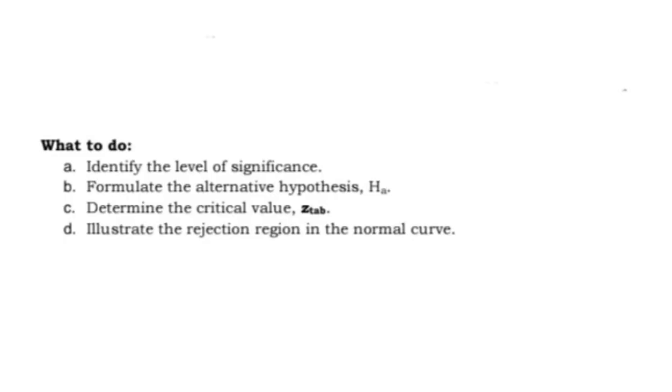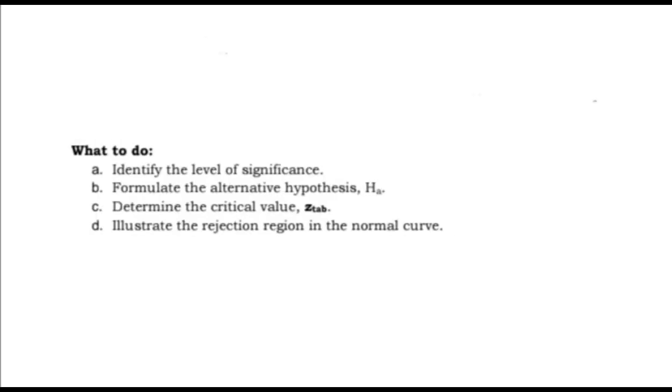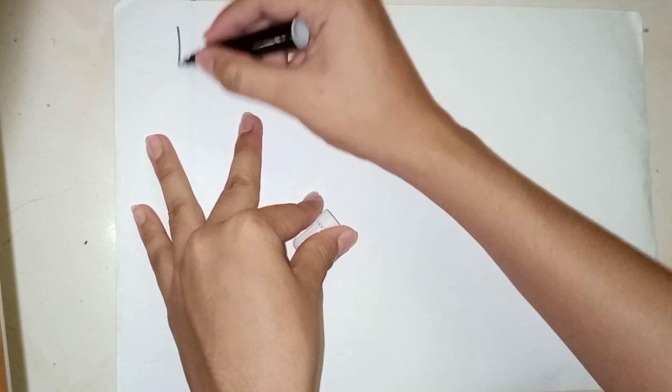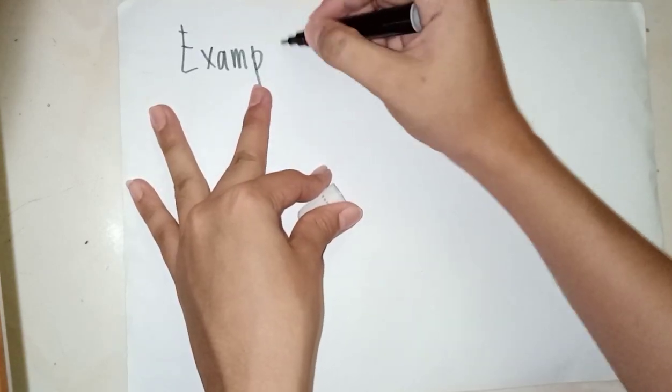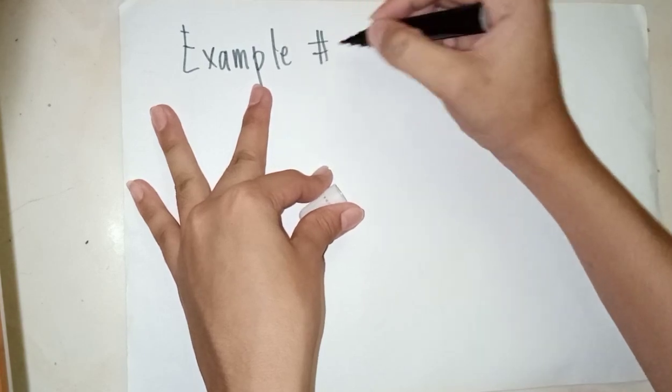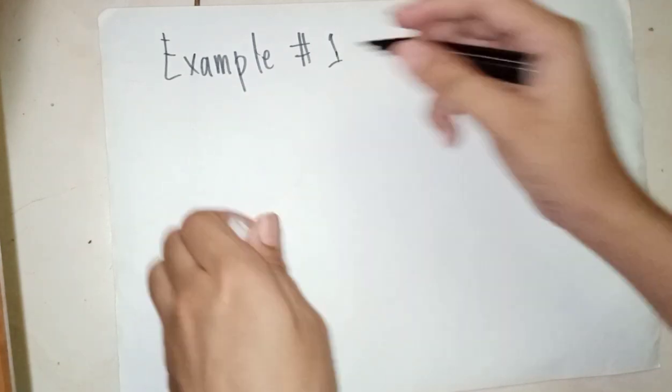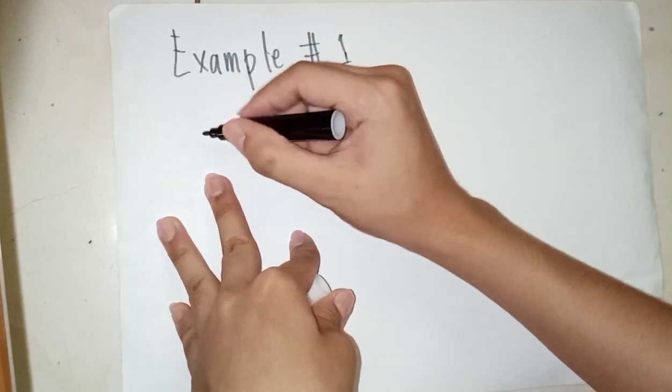These are the steps you need to follow. First, you need to identify the level of significance. In the given, the level of significance is 0.05.